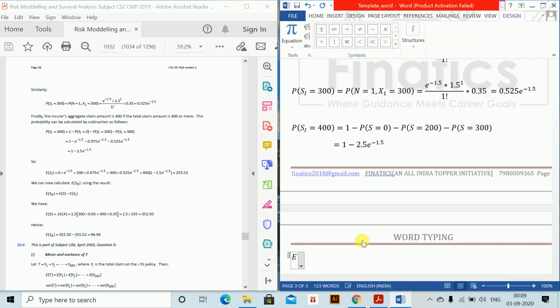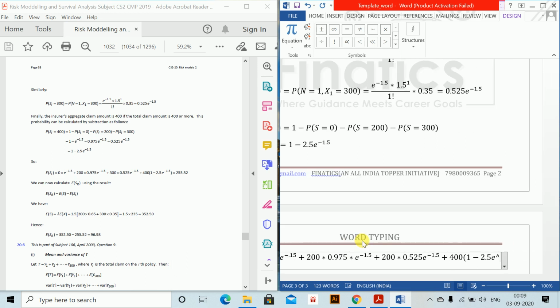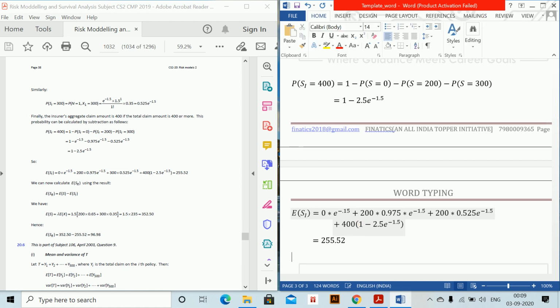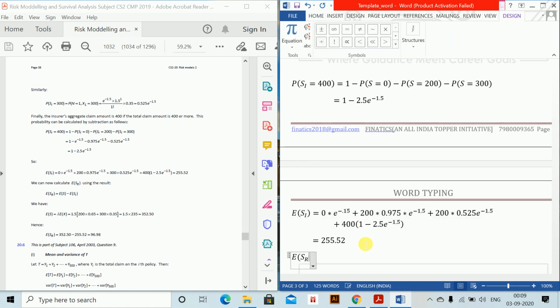Okay, and therefore the expectation of S_I is equal to 0 times e to the power minus 1.5, plus 200 times 0.975 e to the power minus 1.5, plus 300 times 0.525 e to the power minus 1.5, plus 400 times (1 minus 2.5 e to the power minus 1.5). On solving this, we get 255.52.